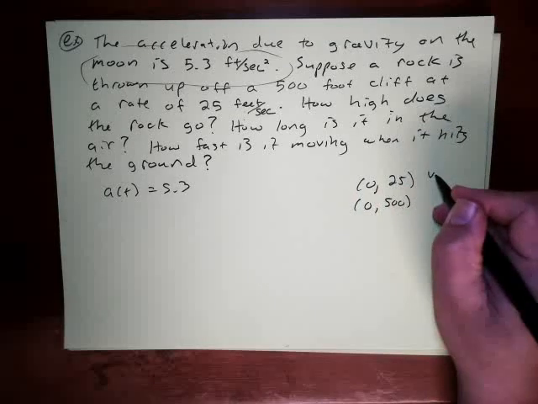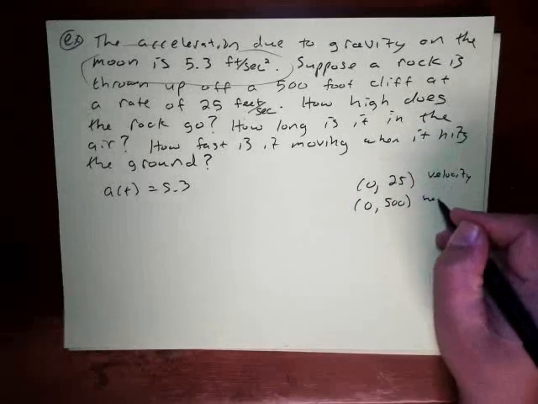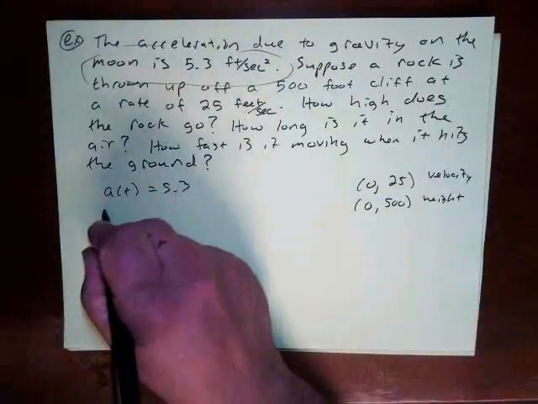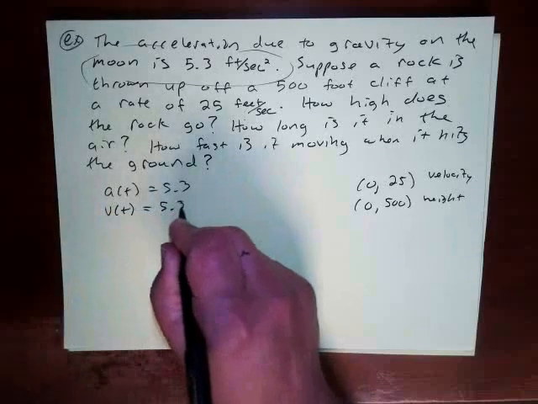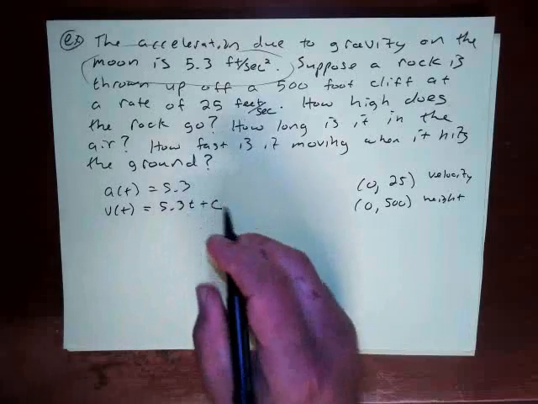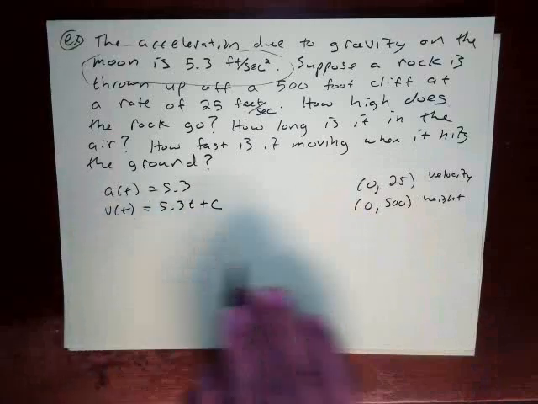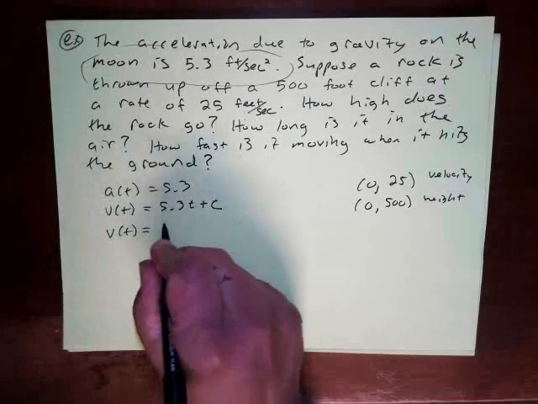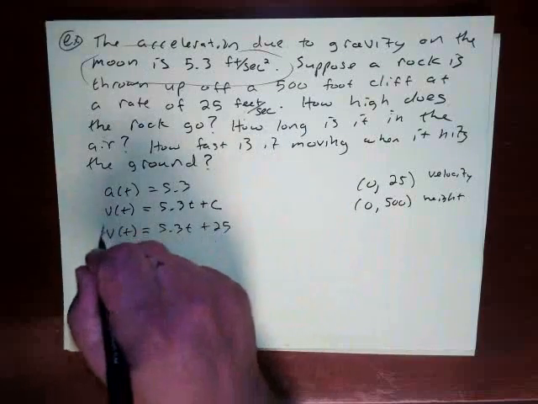This is the velocity. This is the height, or position, the initial height. Okay, so my v of t would just be 5.3 t plus c, and we can see that when I plug in 0 and 25, my c is just going to be 25. So I can do v of t is equal to 5.3 t plus 25.